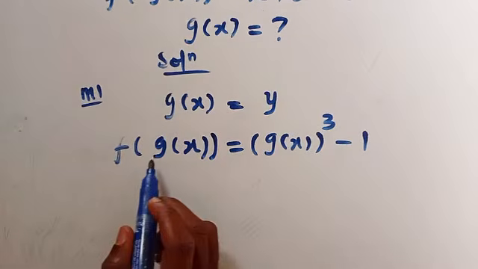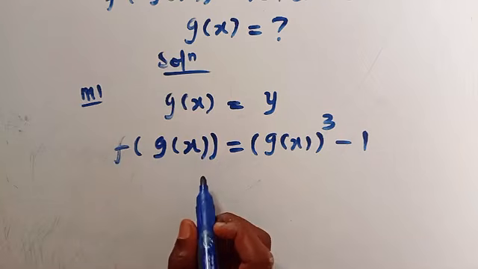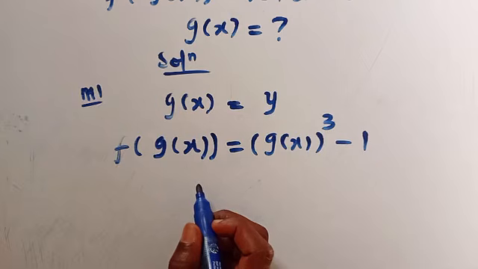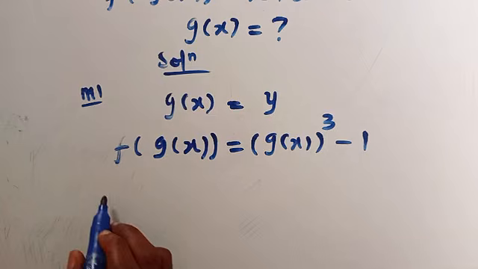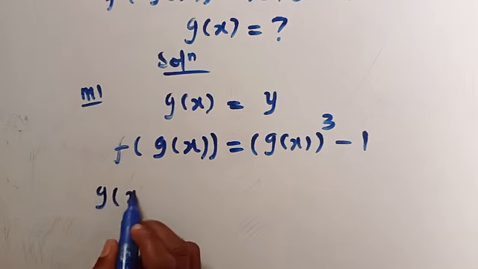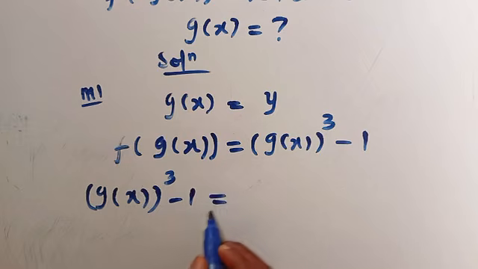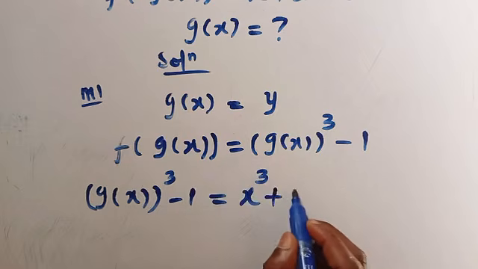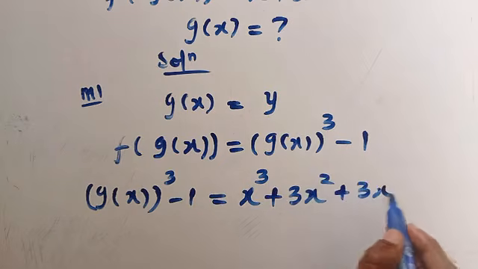And we know that f of g of x here is equal to x cubed plus 3x squared plus 3x. And by replacing it, we are going to have g of x raised to power of 3 minus 1 equals x raised to power 3 plus 3x raised to power 2 plus 3x.